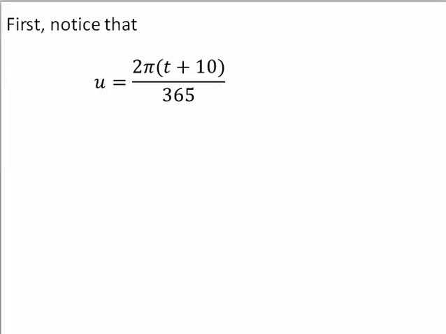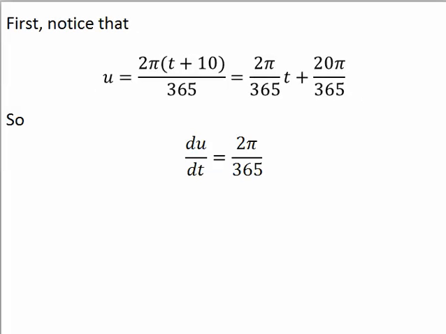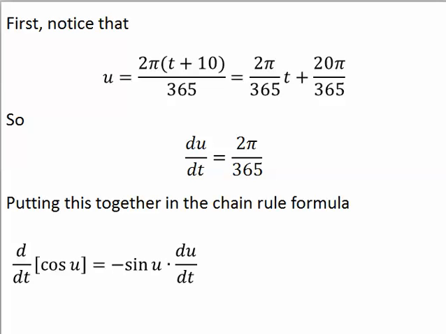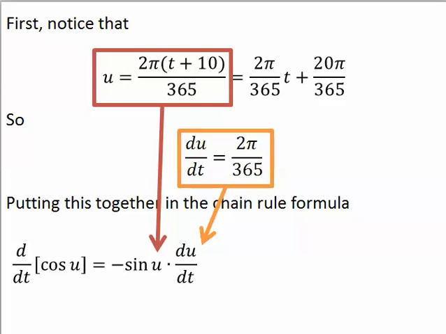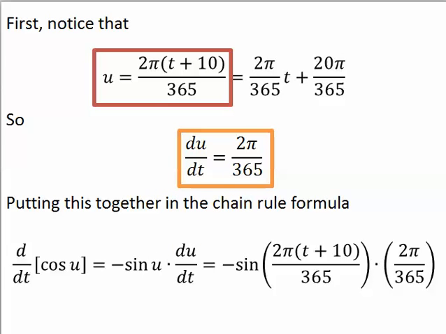Notice that u can be rewritten as a coefficient times t plus a constant. So when I take the derivative, it's just going to be that coefficient. Putting this together in the chain rule formula, I've got my u, I have my du/dt, and so I know what my derivative is.